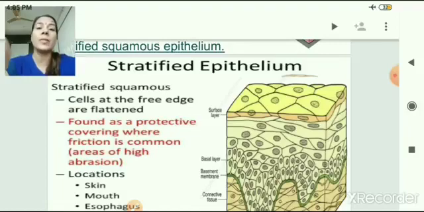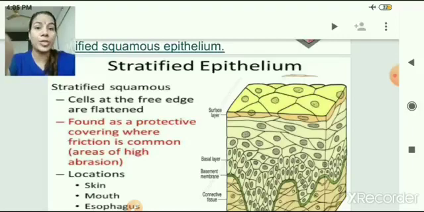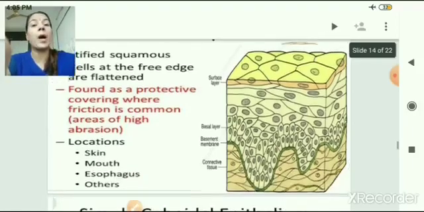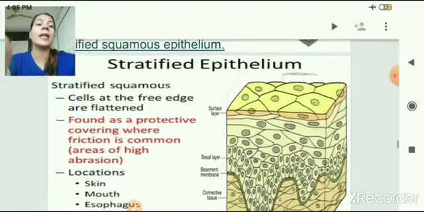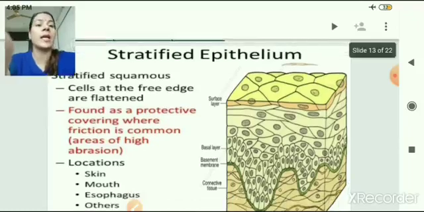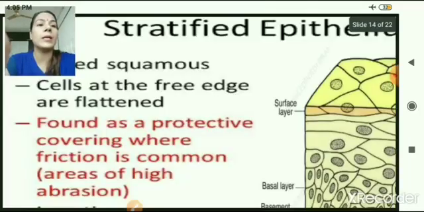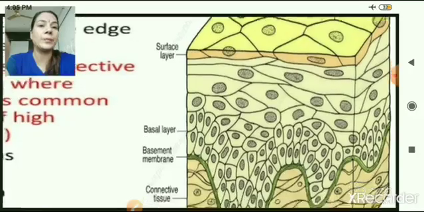Stratified squamous epithelium has cells at the free edge that are flattened, and it is found as a protective covering where friction is common, in areas of high abrasion, and its location is in skin, mouth, esophagus and other body parts. Here in this diagram you can see stratified squamous epithelium.